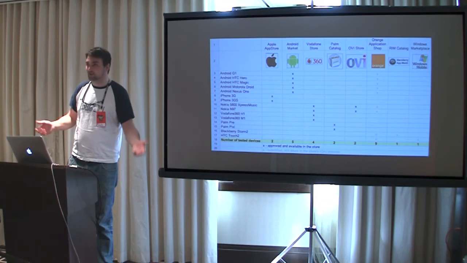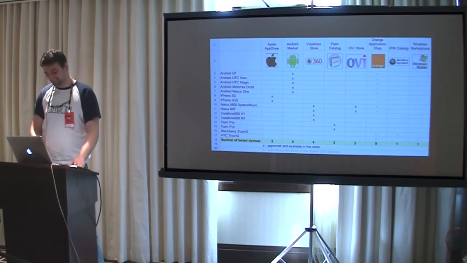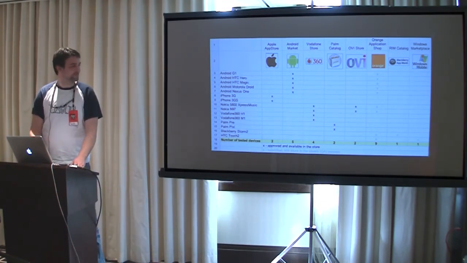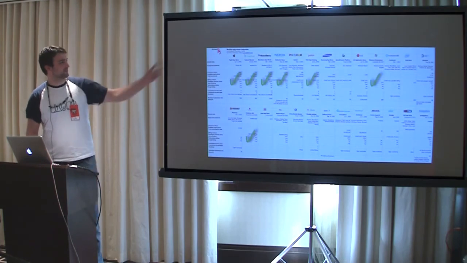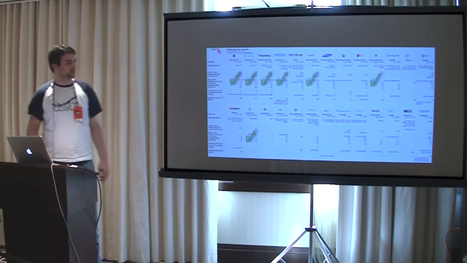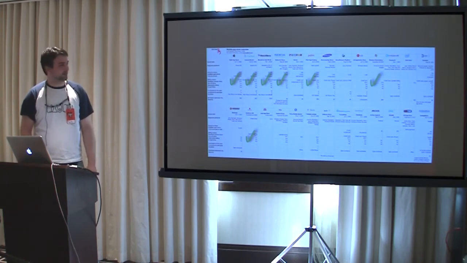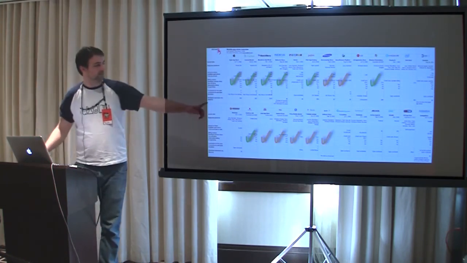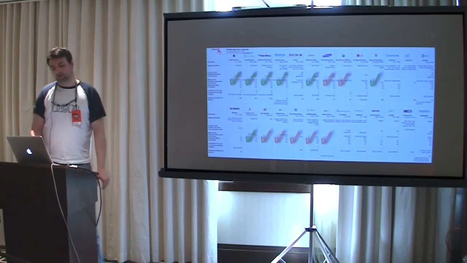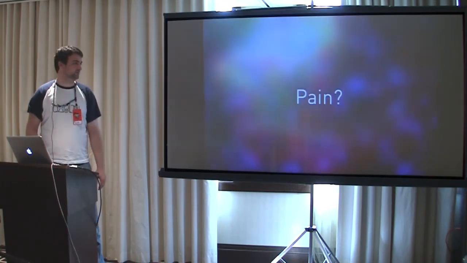Then you say, OK, why is it not working? It's really ridiculous. And here you see, again, this chart from Distimo, showing which app stores we pushed our app to. I think it's not so difficult to get into more app stores, but really, it's not worth the money to get into all of those.